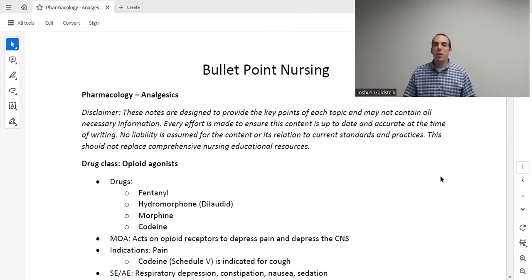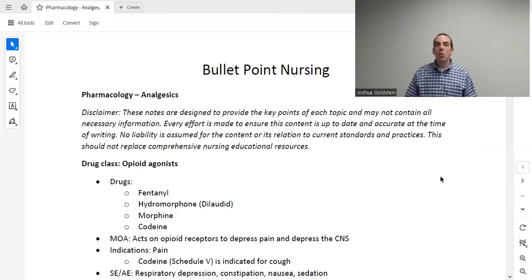Now, I want to go over each one of these because, again, we're trying to prepare you, whether it's for school, whether it's for the NCLEX, whether it's for nurse practitioner school. You have to be able to really understand each of these and understand how you're going to see them on a test. For example, constipation. You may not likely see a simple question like, which of the following do opioids cause? What you would see is a question like, a patient is on morphine.